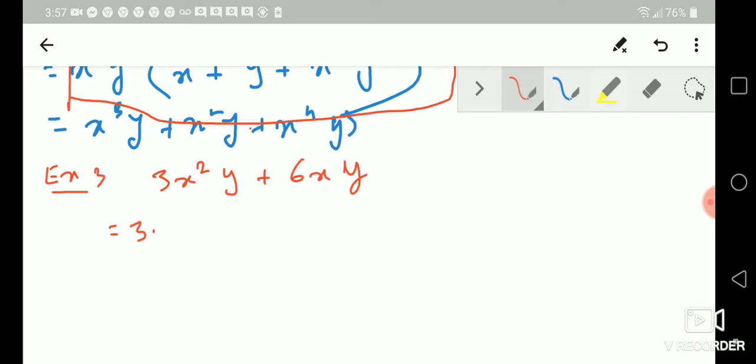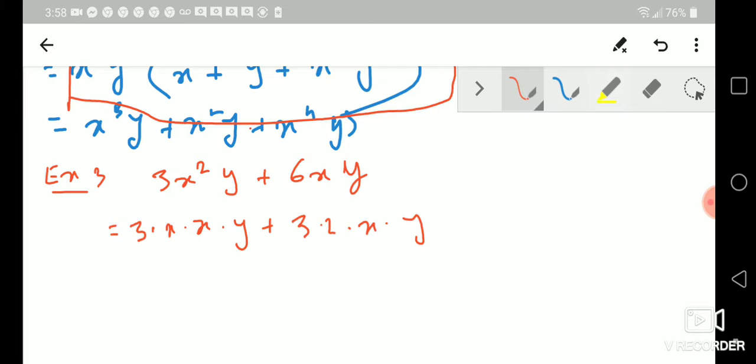We'll break x squared into x dot x, and y we leave as it is. And for 6, like we did in the very beginning, we can write 3 times 2, and then x dot y.